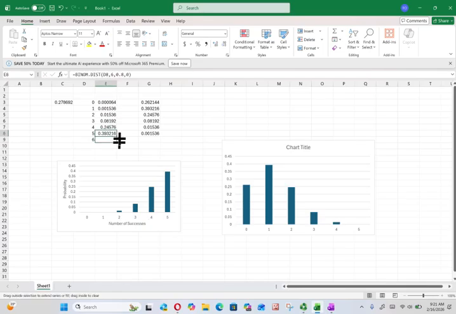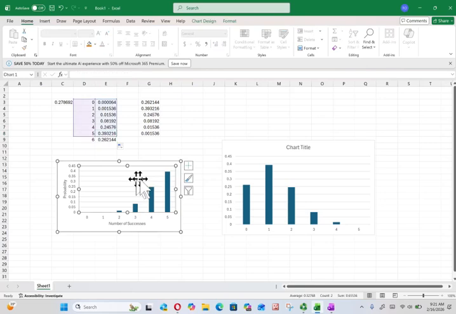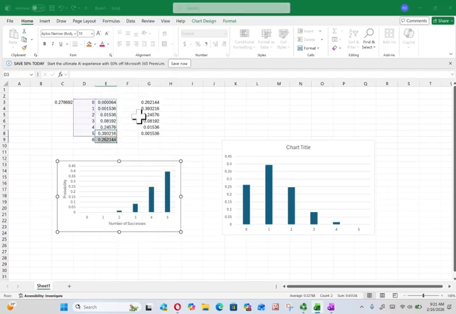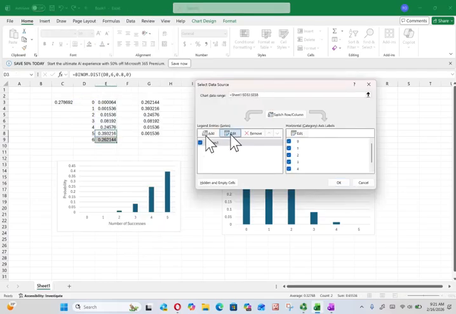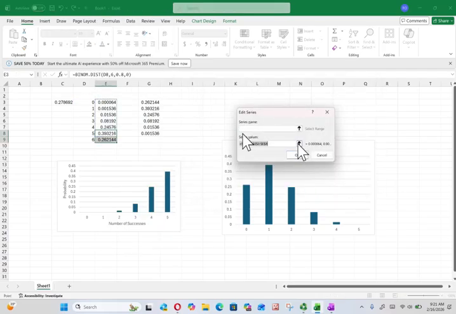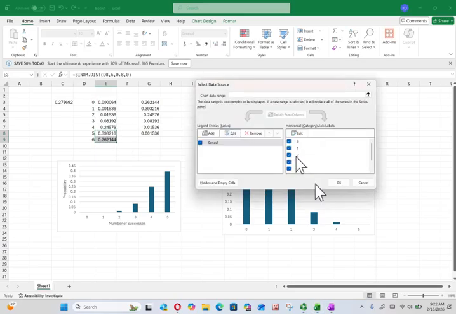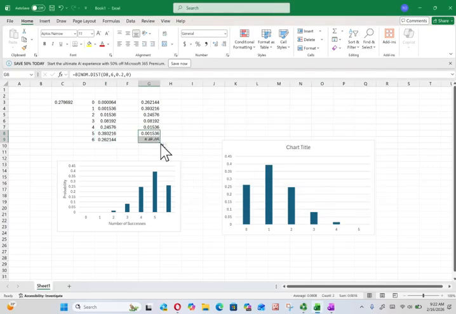Oh, I got to have one more. And then this has got to be different. Those are mirror images of each other.